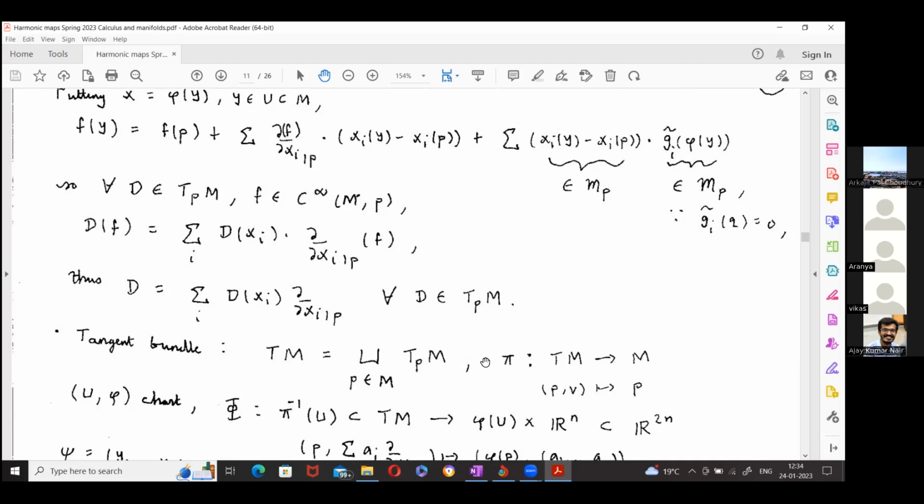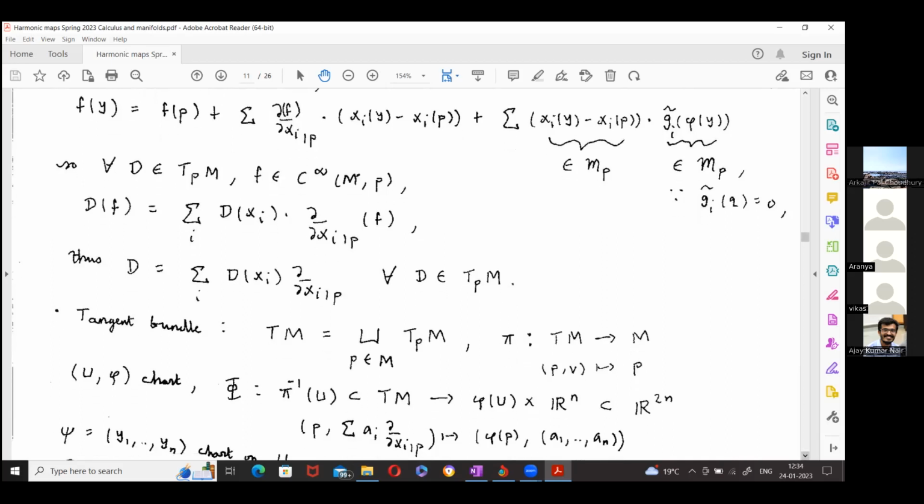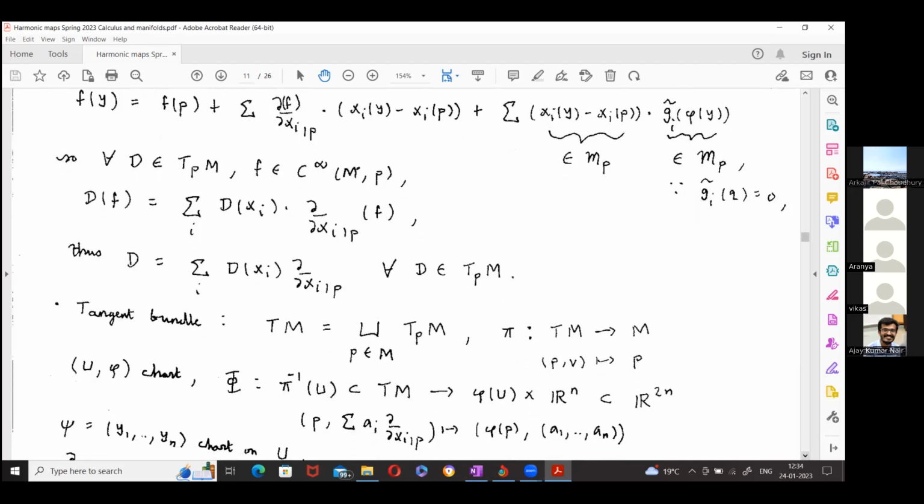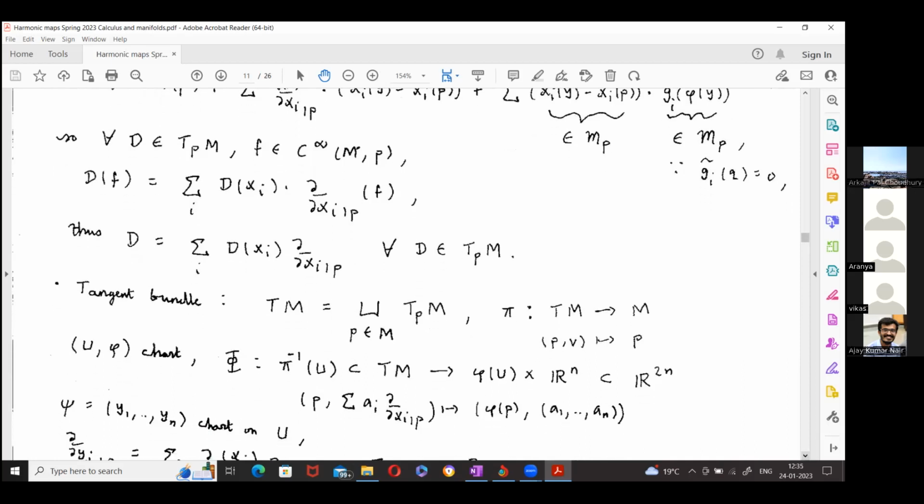There is a natural projection pi from the tangent bundle TM to the manifold M, which maps each tangent space TPM to the singleton P. Each tangent vector goes to the point at which it is based.